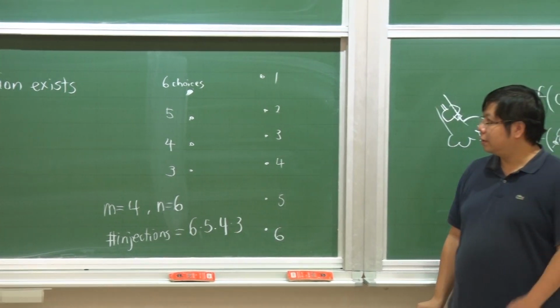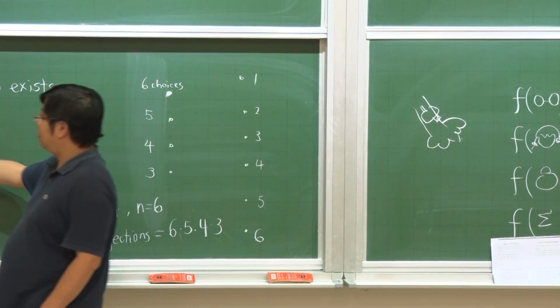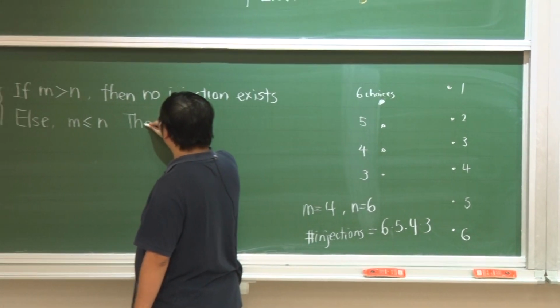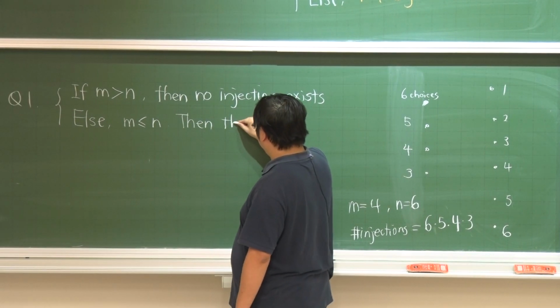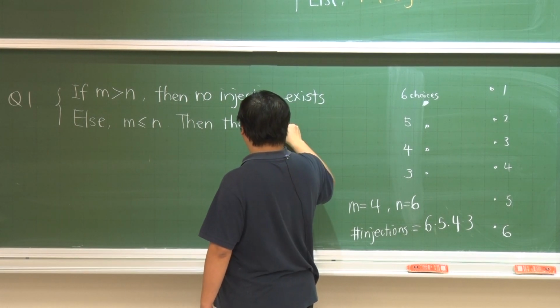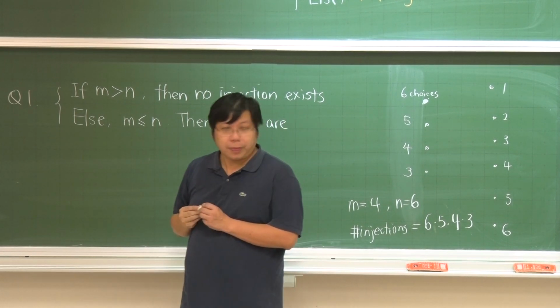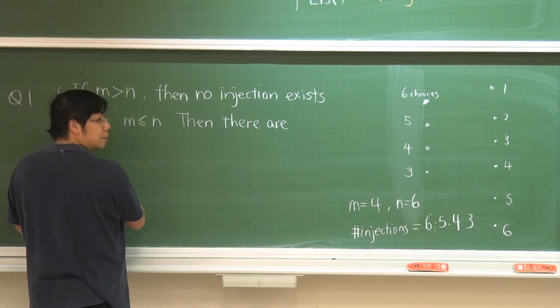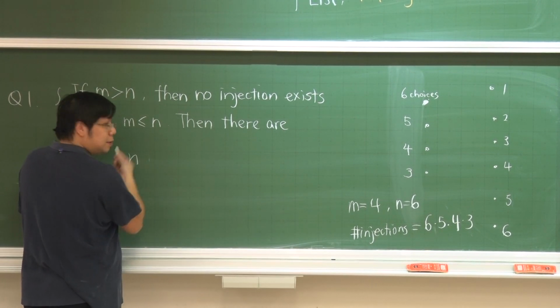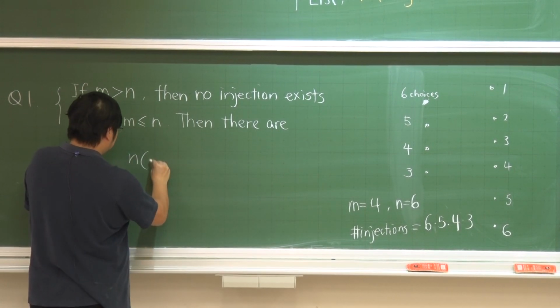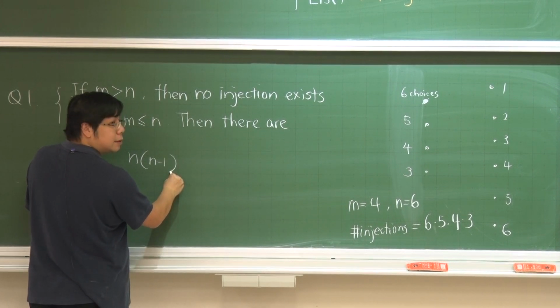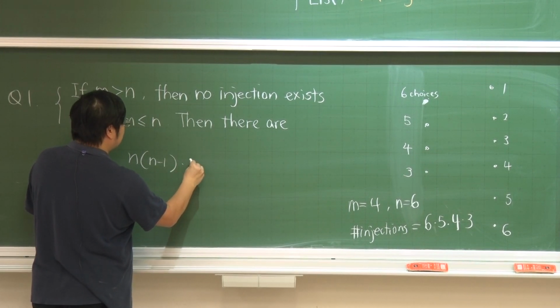In general, how many injections are there? There are n for the first choice, n minus 1 for the second choice, n minus 2 for the third choice, and so on and so forth.